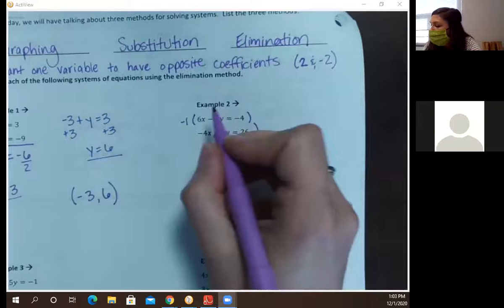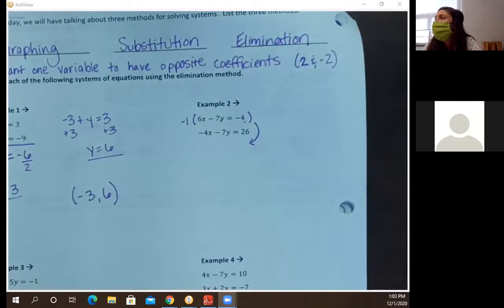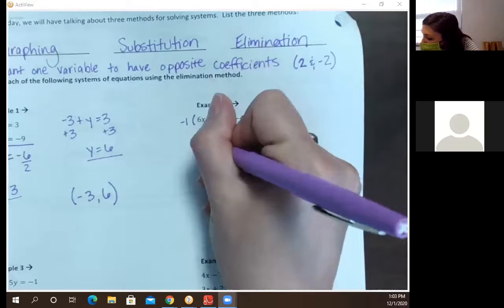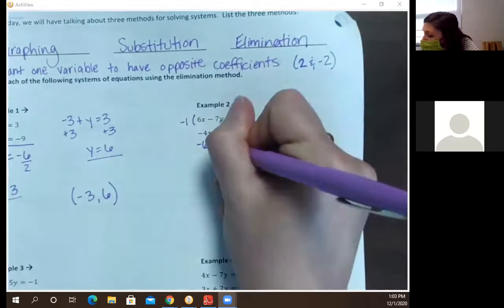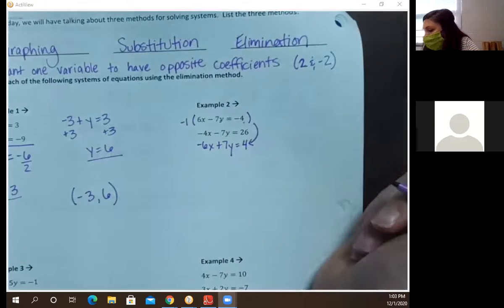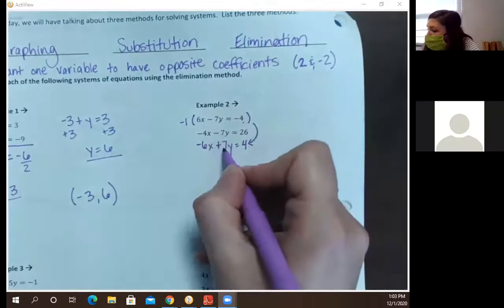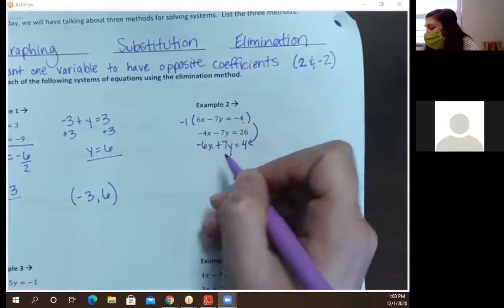So that means I'm multiplying every term by -1. Since I'm doing the same thing to every term, this is okay to do. So I would have -6x plus 7y equals 4. Now I've got opposite coefficients, which is what I wanted.